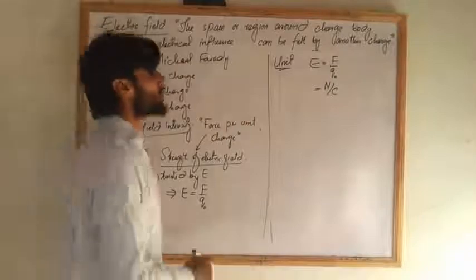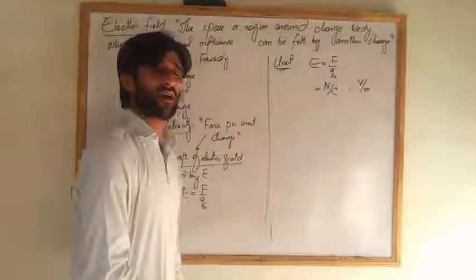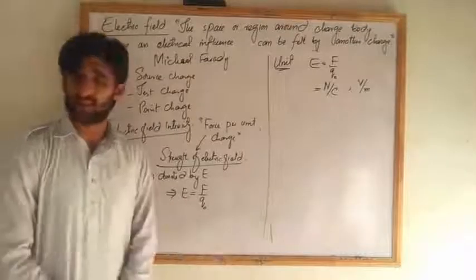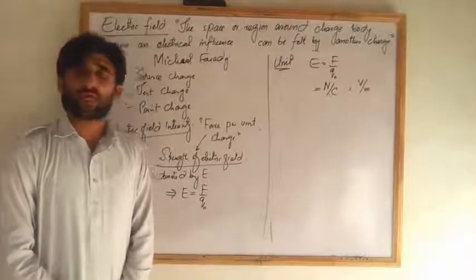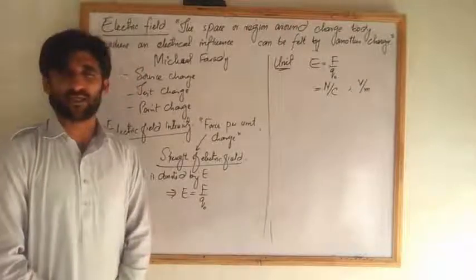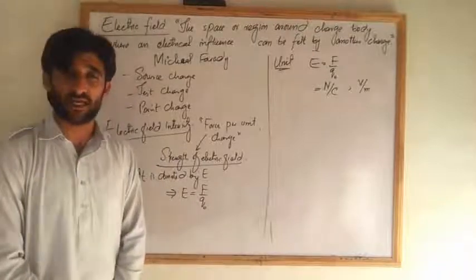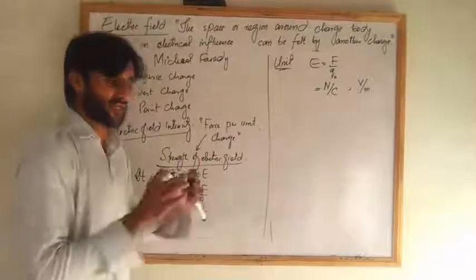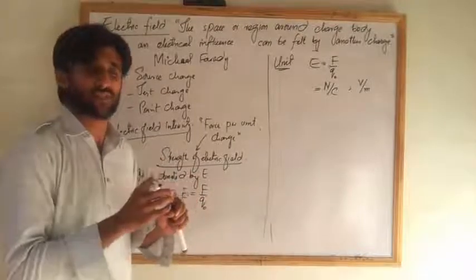And there is another unit of electric field intensity, that is volt per meter, and we can also derive that unit from the potential gradient. We know that the potential gradient is due to the distance changing from the charge: E is equal to minus del V by del R. If there is a change in the distance, the potential is changing.